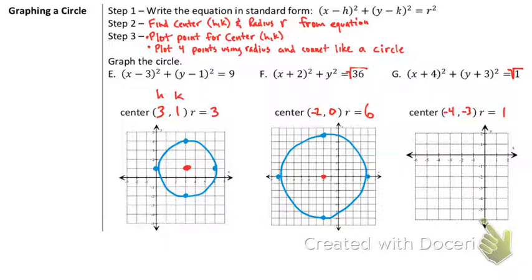So center first is -4, -3, and then we have a radius of 1, so we need 4 more dots using that radius. So 1 jump away, 1 jump away, 1 jump away, 1 jump away. And there's our circle. Cool. And that's how you graph a circle when you have the standard equation.